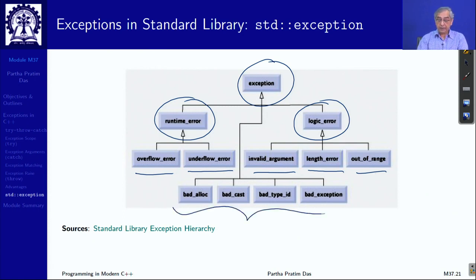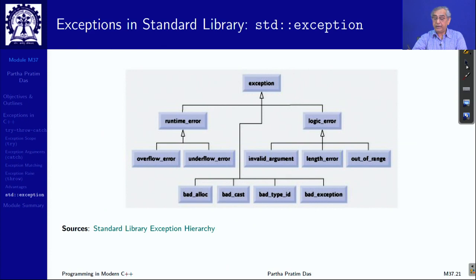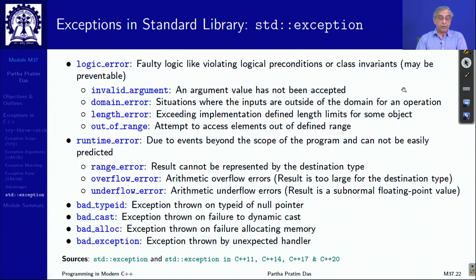Besides that, there are some special exception cases, like bad cast we have seen for dynamic cast, bad type ID we have seen for type ID. Bad alloc will happen when you are trying to do a new and there is not enough memory. If you have thrown a wrong exception, then you will get a bad exception and so on. So, it's a huge provision.